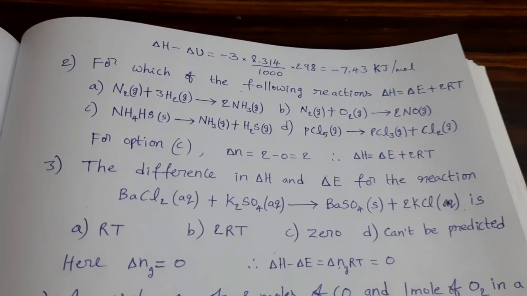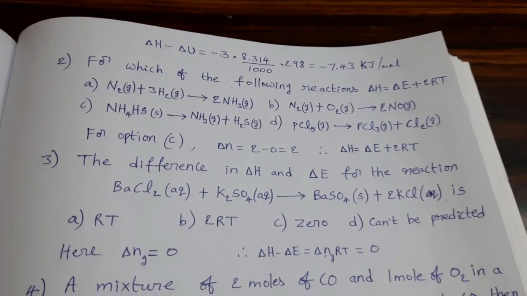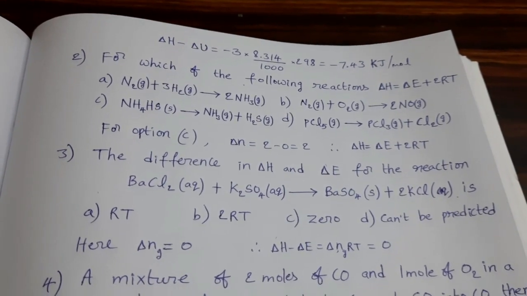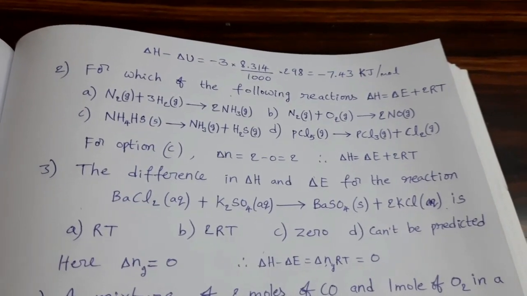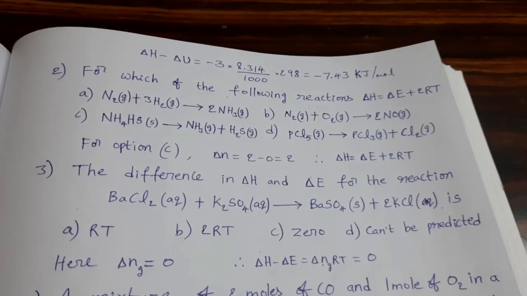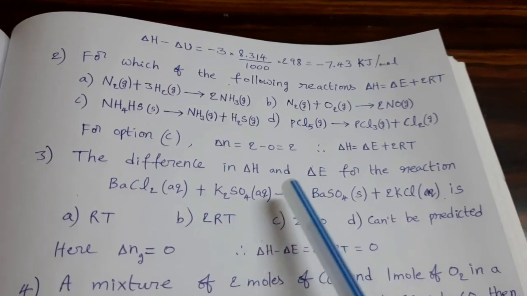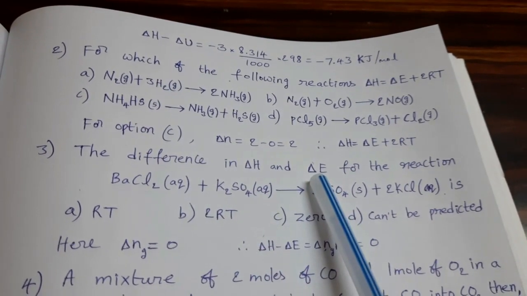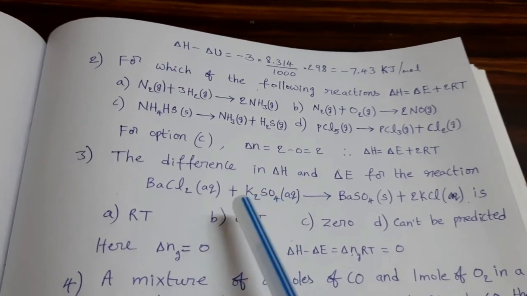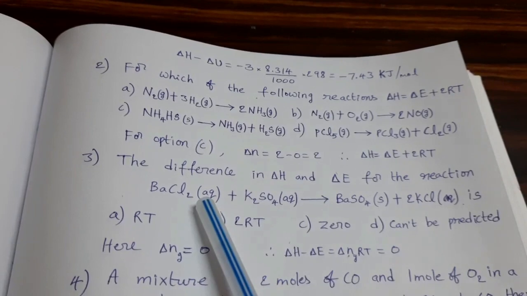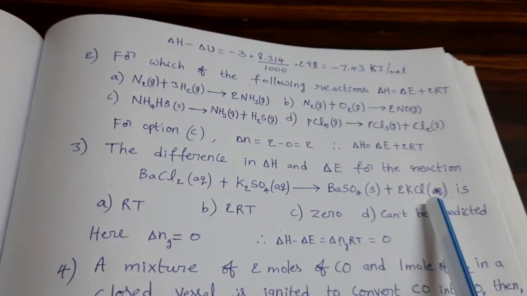Next one, the difference in delta H and delta E for the reaction BaCl2 aqueous state plus K2SO4 aqueous state gives rise to BaSO4 formed in the solid state plus 2KCl in the aqueous form. For this reaction we should calculate delta H minus delta E. So delta Ng we have to calculate first. Here this reactant is in aqueous form, this is aqueous form, solid product, aqueous form of product.